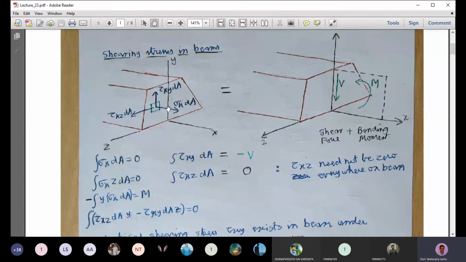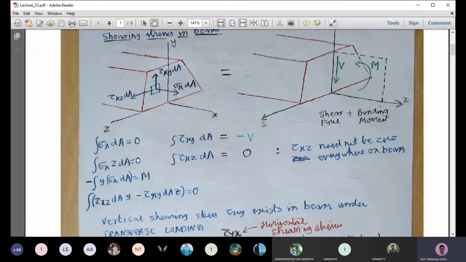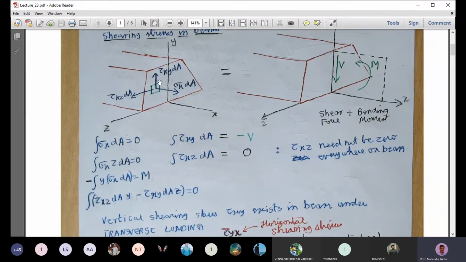The bending moment about the z axis is plus M. Sigma x dA will produce a clockwise moment, so we write minus y times sigma x dA, and that is equal to plus M. We have done this previously.